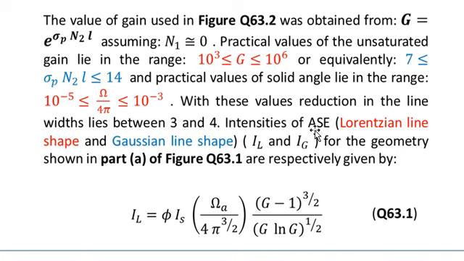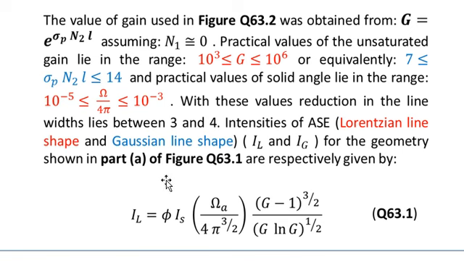Intensities of ASE, amplified stimulated emission, could be Lorentzian line shape or could be Gaussian line shape, represented by IL and IG respectively, for the geometry shown in part A of the figure and part B. You see that we may have two types of shapes for ASE: Lorentzian line shape when the broadening is due to homogeneous line broadening, and the Gaussian line shape when the broadening is due to inhomogeneous line broadening.